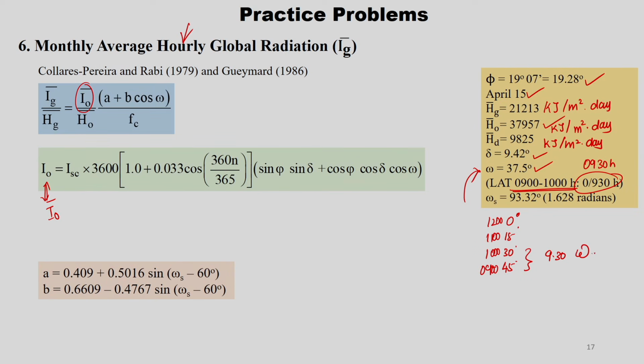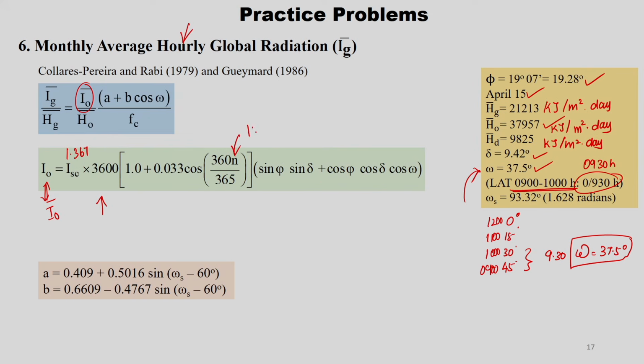So omega, the hour angle, is 37.5, and we have taken April 15 to calculate delta, which is 9.42 degrees. All the data are given, so we substitute here to calculate I naught. ISC, as I said, is 1.367 into 3600.